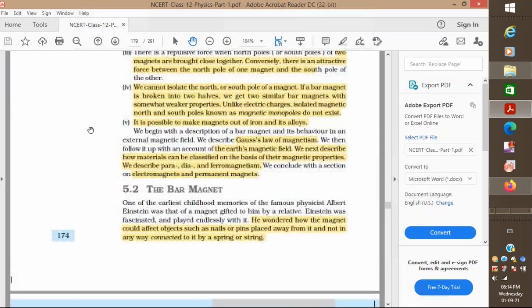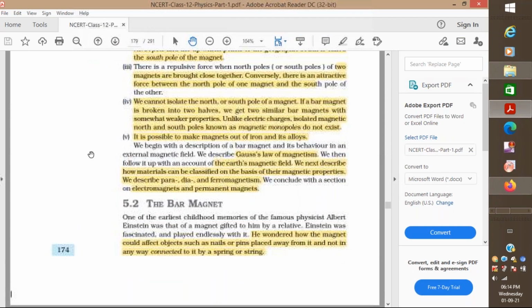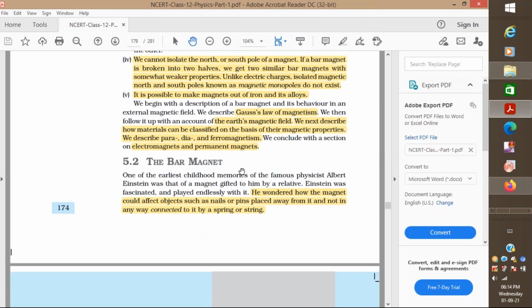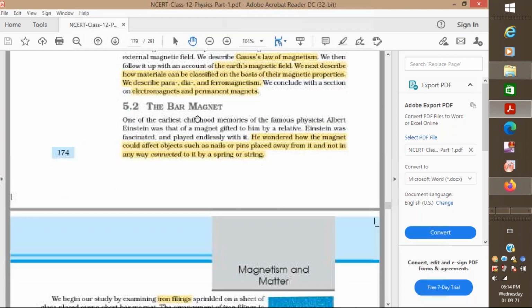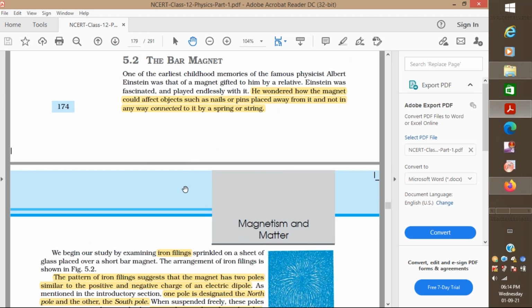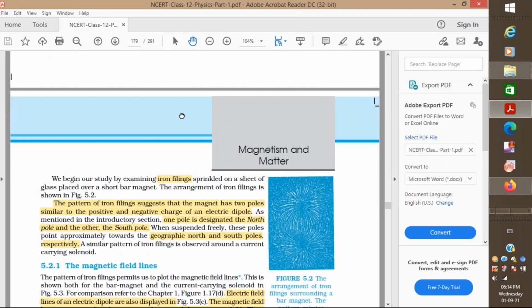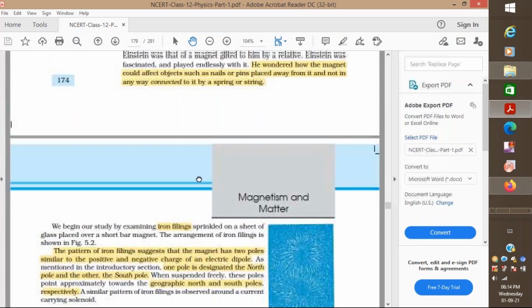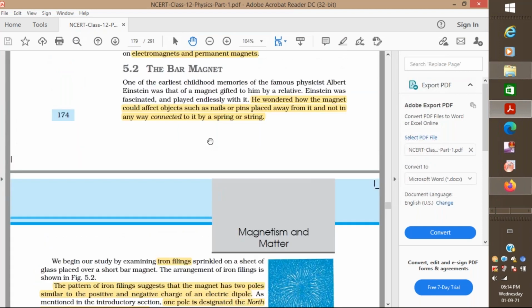Okay, so for people who attended the last class or missed it, just a quick recap. In the last class I talked about the bar magnet, which you have been learning since lower classes, like 8th standard onwards. It has a north and south pole.